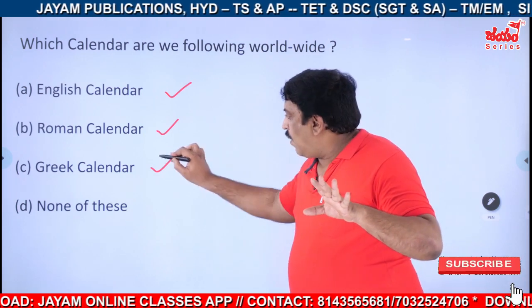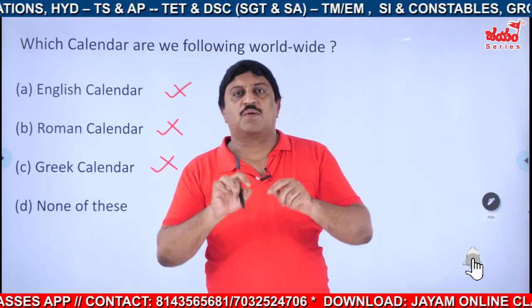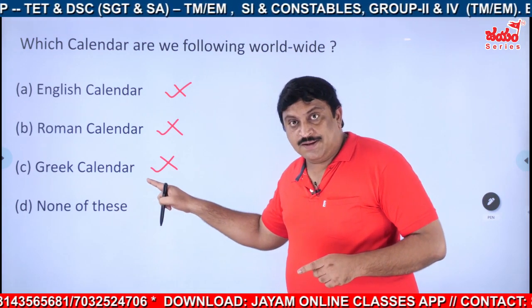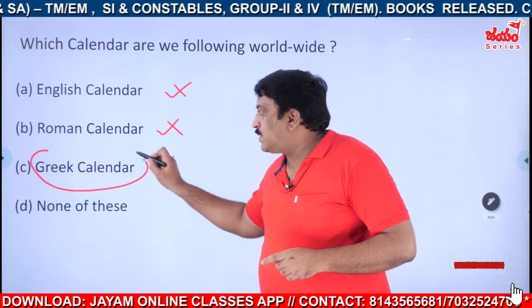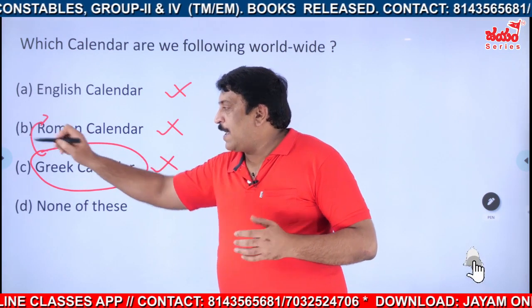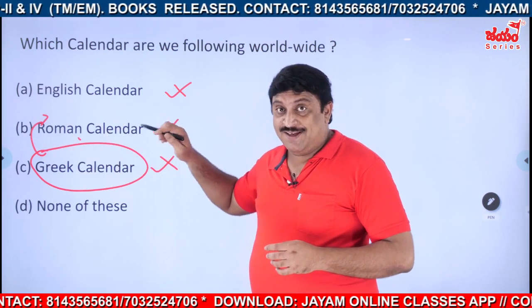But all these calendars are not what we are following now. The evolution of the calendar is there. The calendar actually started with the Greeks. Then it was absorbed and followed by the Romans.